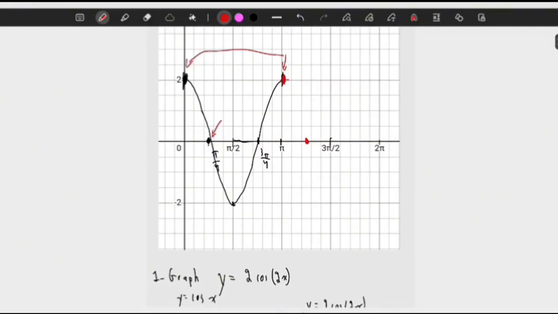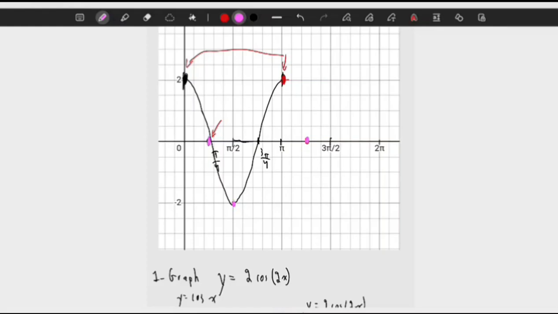Or another way to do it is, since you know that from the start to the end of one cycle, it's pi, that's the period, and you can find that using your k value, or you can look at the graph, then each point is going to be a pi away from each other relative to its next cycle. So this point here is a pi away, I changed the color, from this point here.